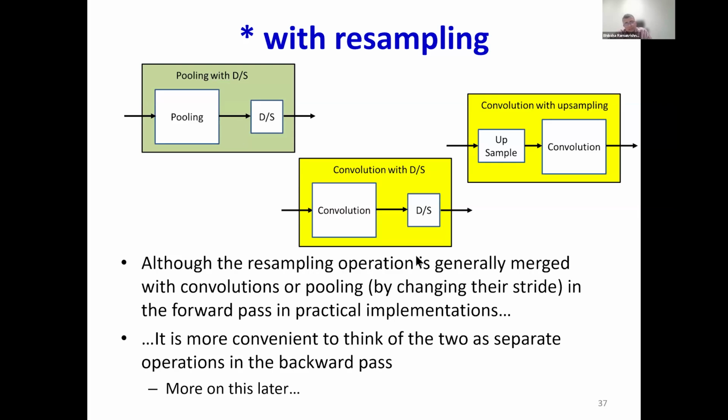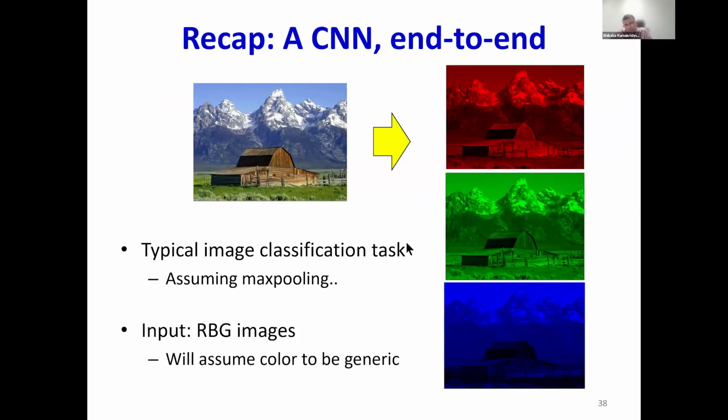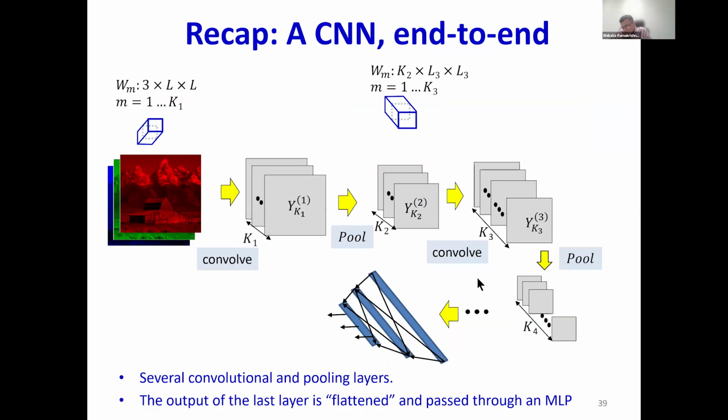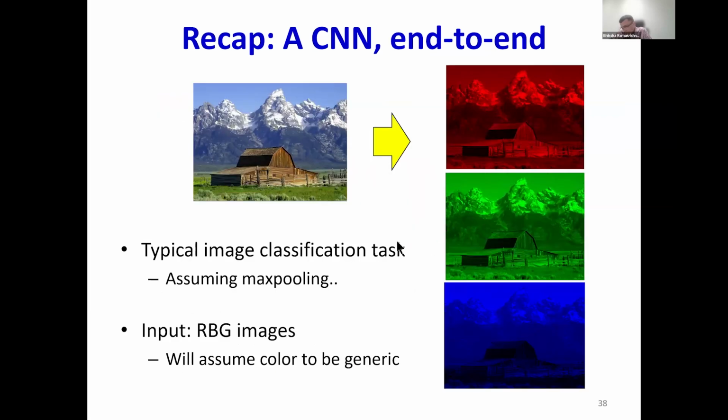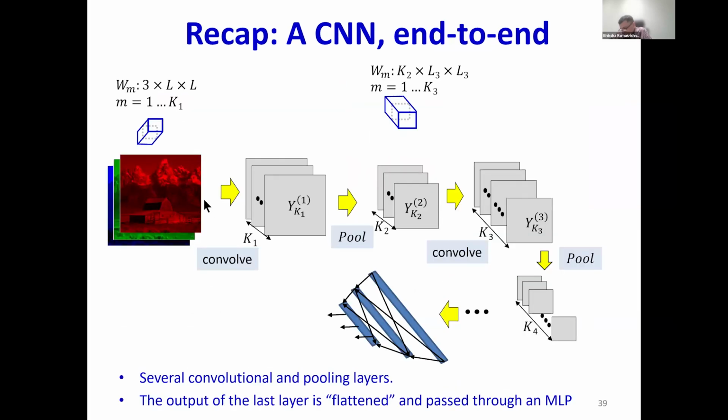Now, we also saw that when we had an end-to-end CNN, for a typical image classification task, an image would have several channels, in this case, the color channels. You'd stack them up and then process them with a sequence of convolution and pooling layers.